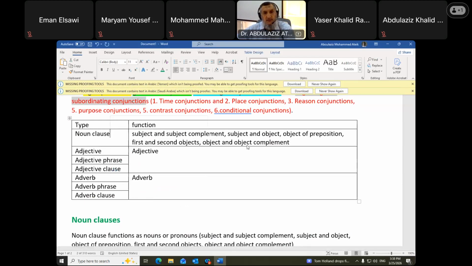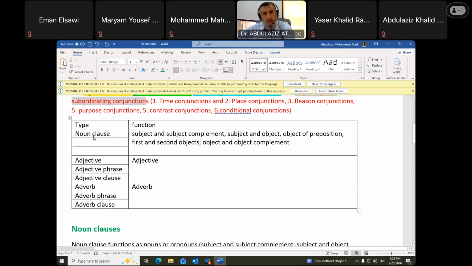Split 3. Okay, so noun, noun phrase, noun clause, all are types. Adjective, adjective phrase, adjective clause, types. Adverb, adverb phrase, adverb clause, types.